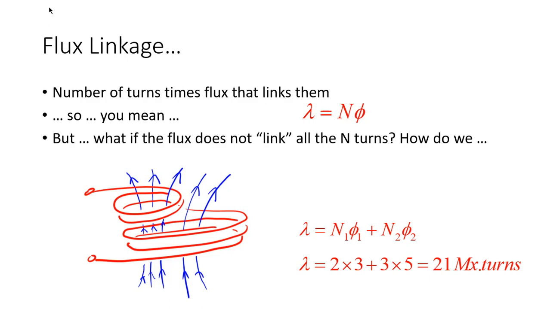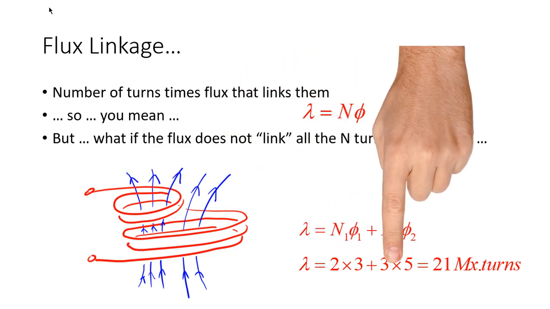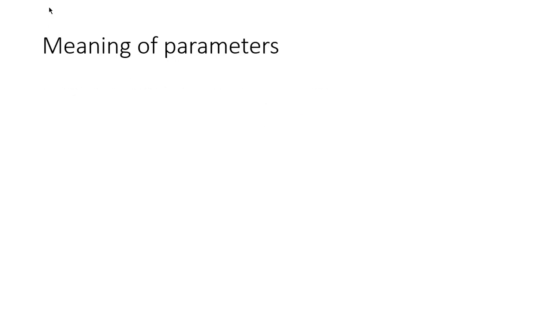We say, 2 lines of flux link 3 turns, and 3 lines of flux link 5 turns. The total flux linkage is 21 Maxwell turns, but you know that turns is no unit. That is the flux linkage in this case, 21 Maxwells.